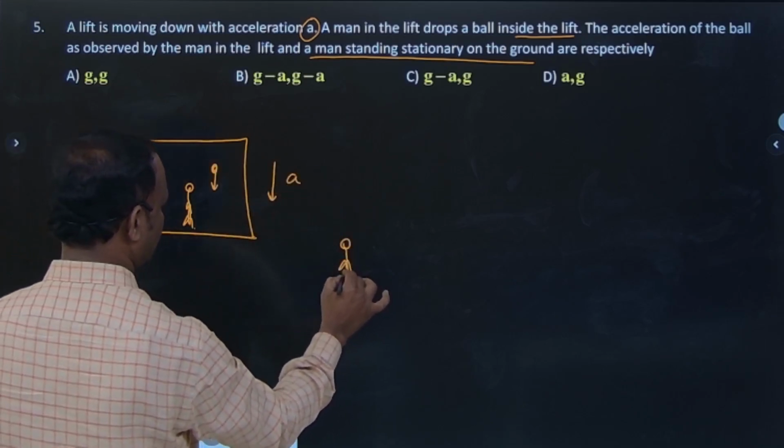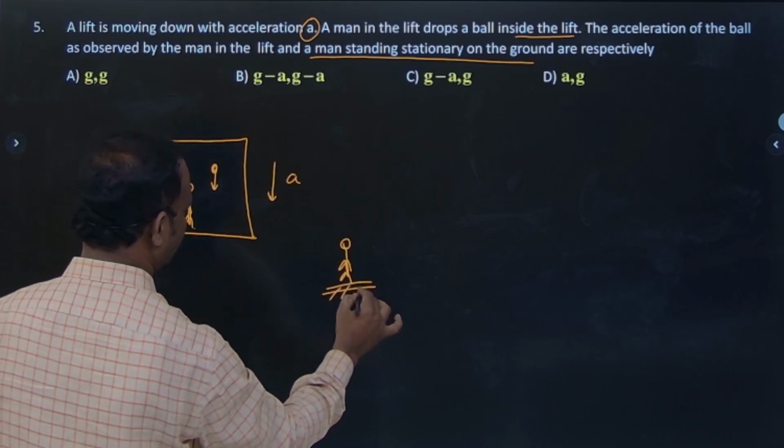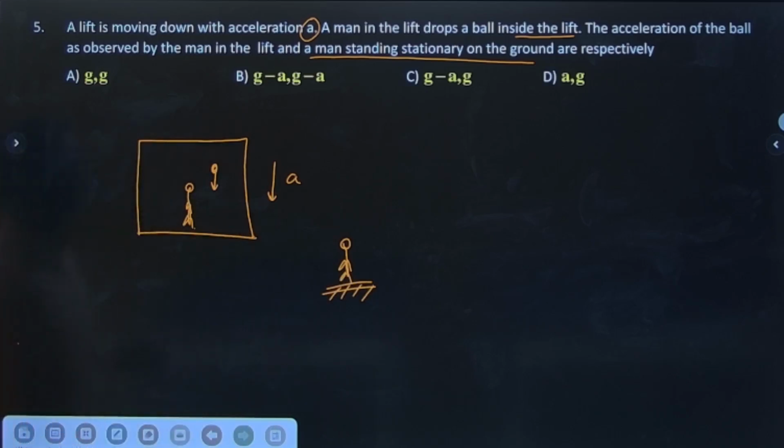This lift is moving downwards. A person is standing on the ground outside. So with respect to him, what is the acceleration?